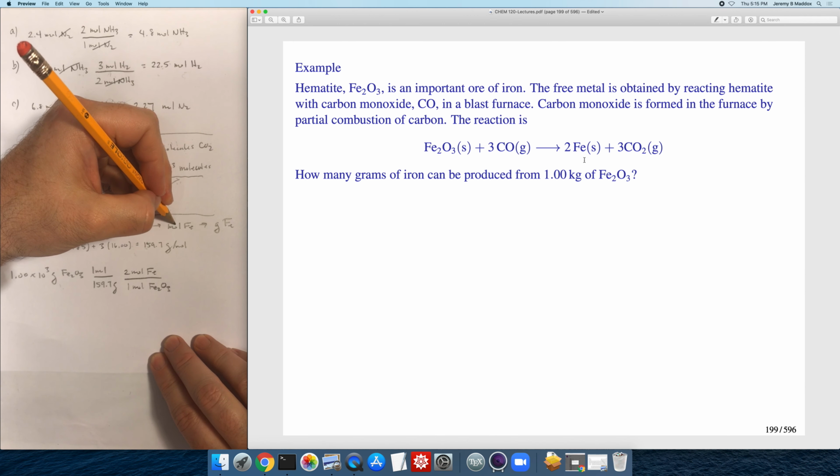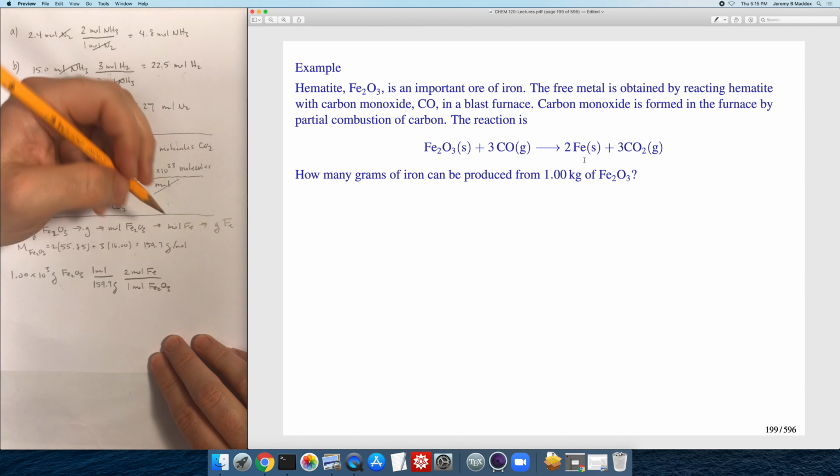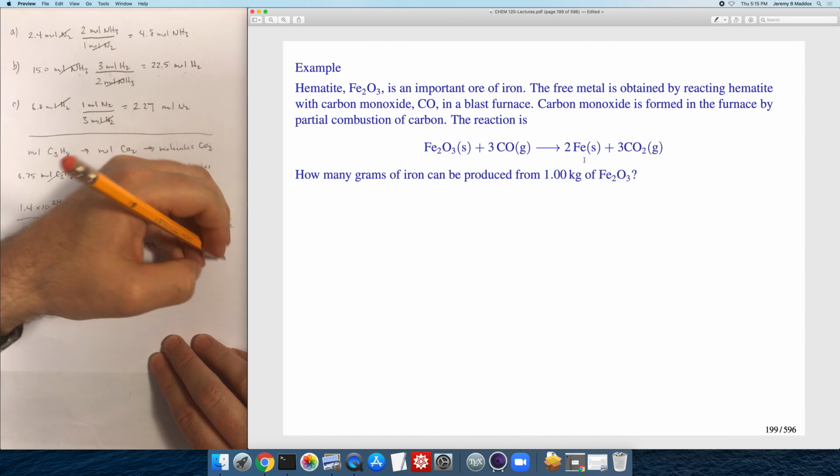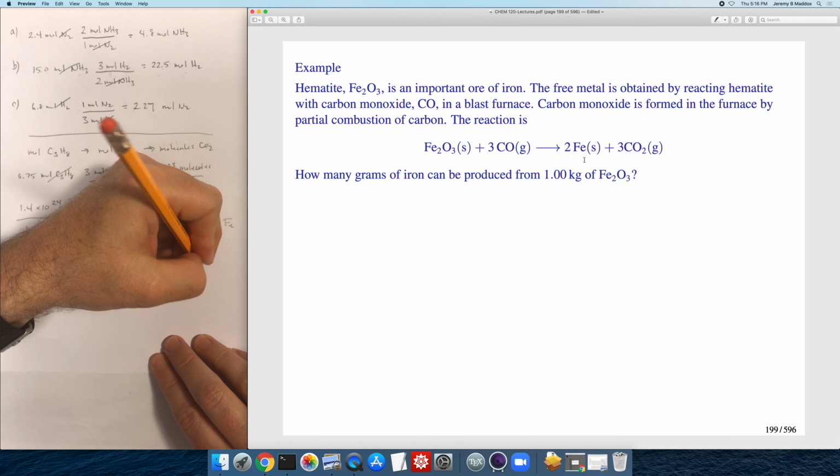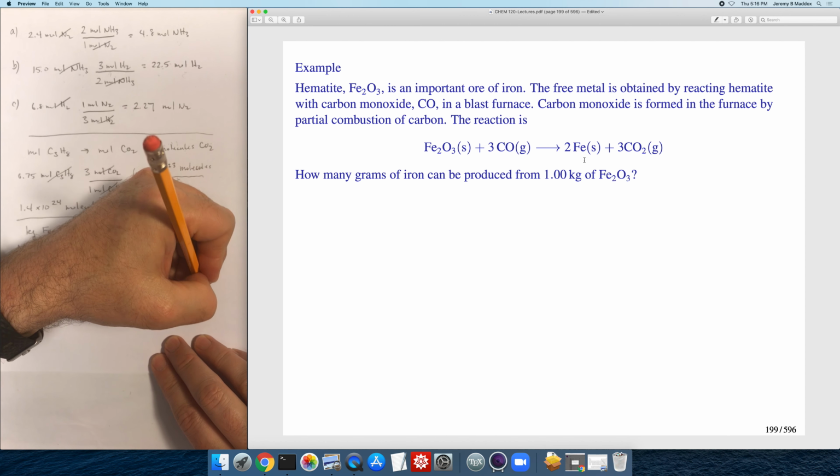Finally, to get from moles of iron to grams of iron, we're going to multiply by the molar mass of iron. So that would be 55.85 grams per mole.